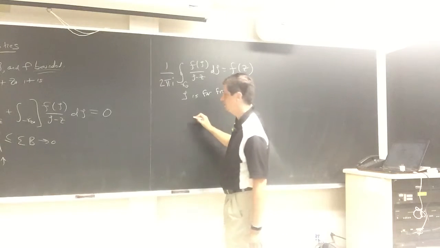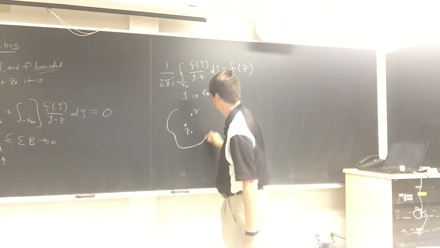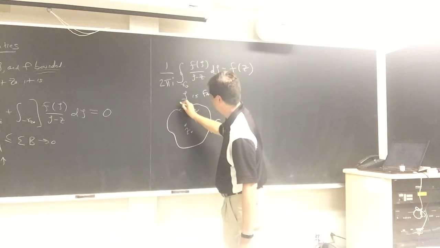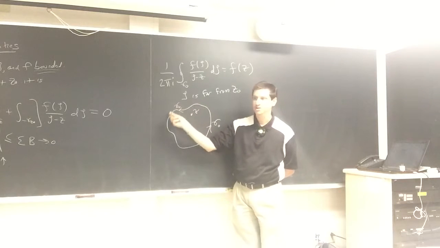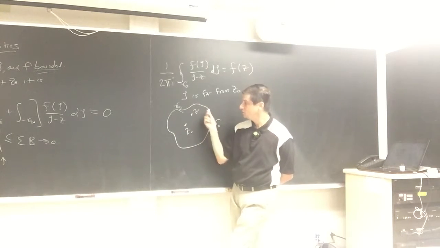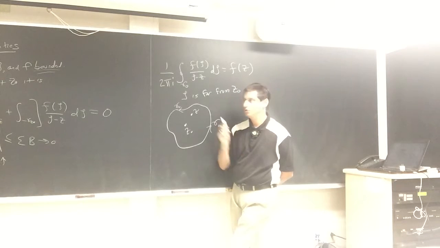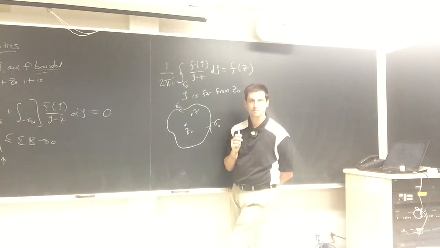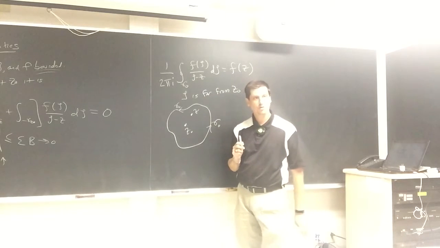So what's going on here is, here's z0, here's z, here's the curve gamma naught on the outside. Zeta lives on the boundary of the curve. So because zeta lives on the boundary of the curve, it's not close to z0. So this integrand is fine. Everything is well behaved. This is going to be a nice continuous function of z. If I change z by z plus h, it's not going to be a problem at all.